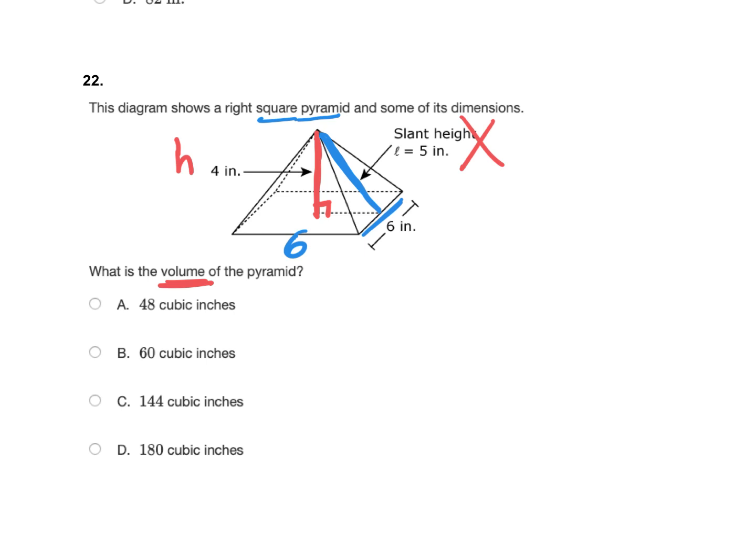So that slant height of 5 inches is there because the state wants to know whether or not you know the difference between slant height and height when it comes to volume. So if we go back to the formula, volume is 1/3 capital B H. Remember, B is the area of the base.